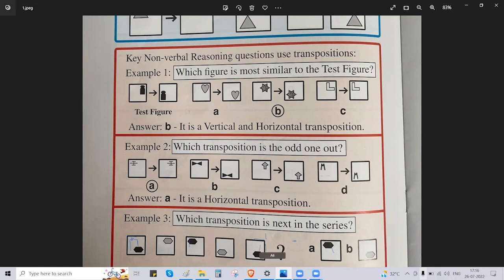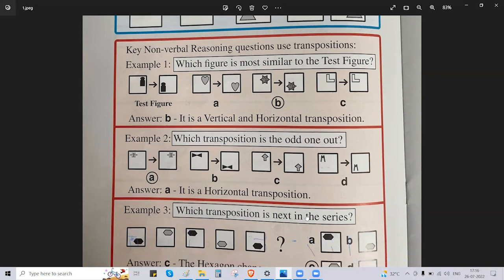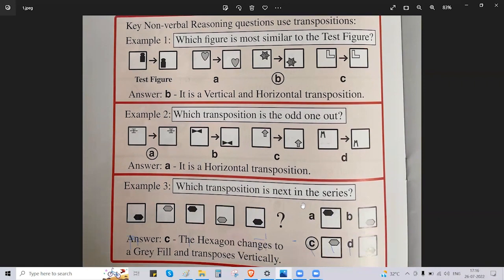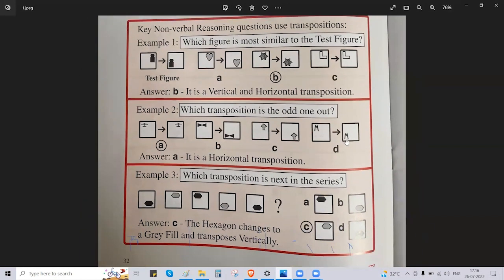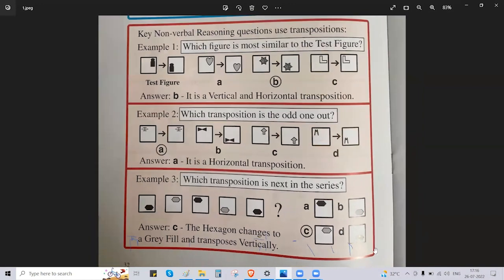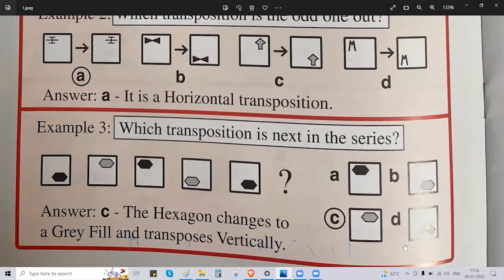So it's not A because it's going up and then to the right, and it's not B because it's going down. So also it needs to be a gray filling. So I think the answer would be, so it's not D, it is C because it's up and it's gray. Tell me once again, which one did you say? I said C. Yes, it's C.